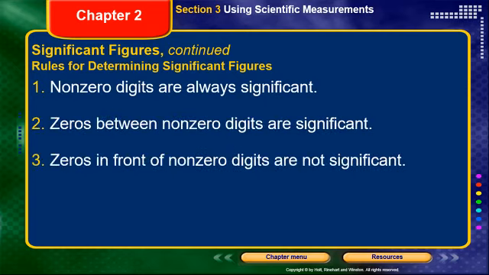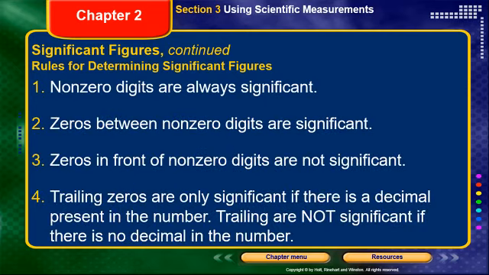So there are 4 rules that go along with defining what is a significant figure and what is not. All right, follow along now. We saw when looking at that picture of the nail and the centimeter that when we are making measurements, we list all of the known digits and then 1 estimated digit.